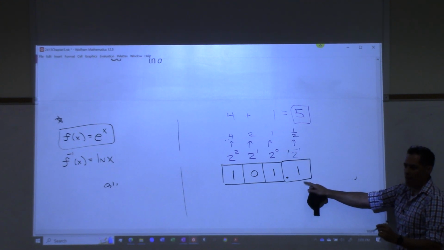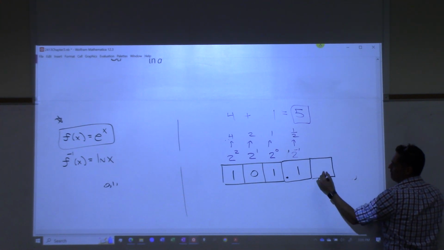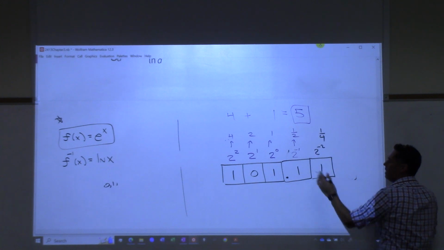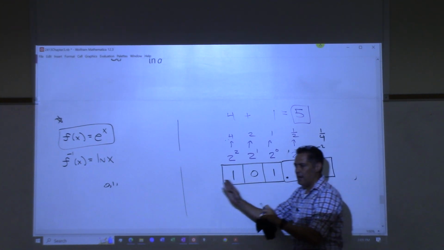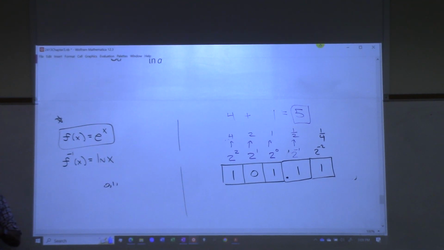That's how many halves I have. And then this is 2 to the negative 2, how many fourths I have, and so on and so forth. Do y'all see the difference between base 2 binary versus base 10? Do y'all understand how base 10 naturally comes because we have 10 fingers?